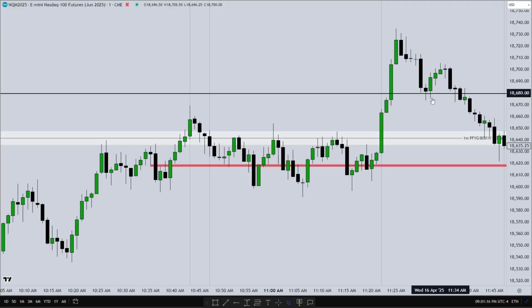Okay. We have this little flagpole going on pattern. Not really sure what it is, but what retail would see it as. These candles are fast, they're large, they're rapid.